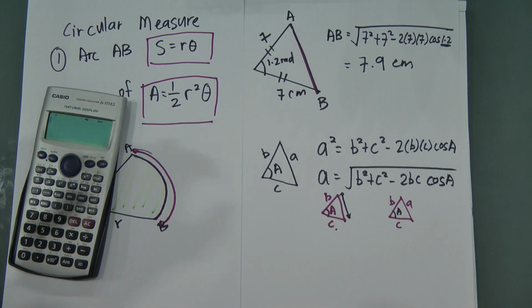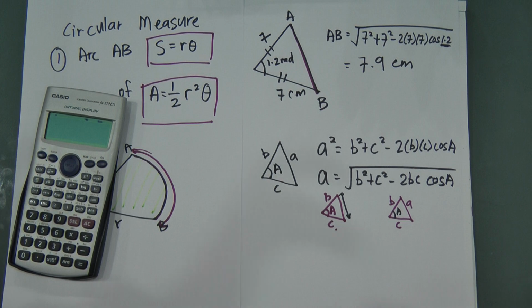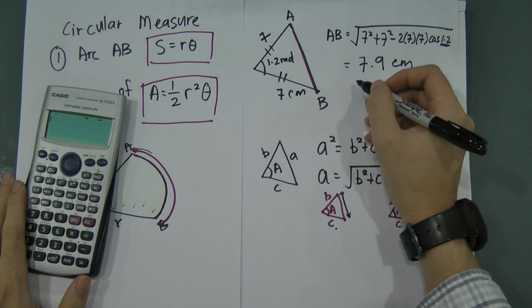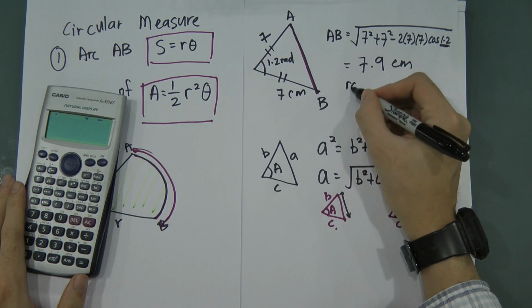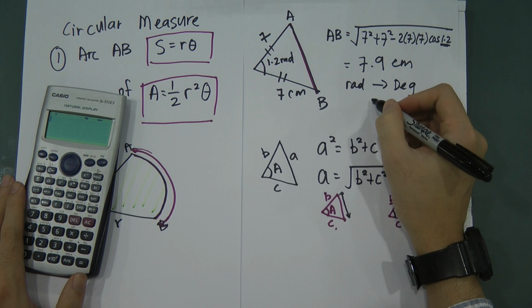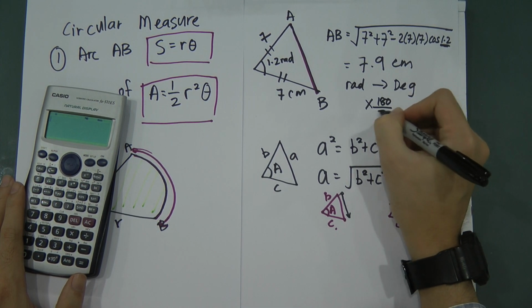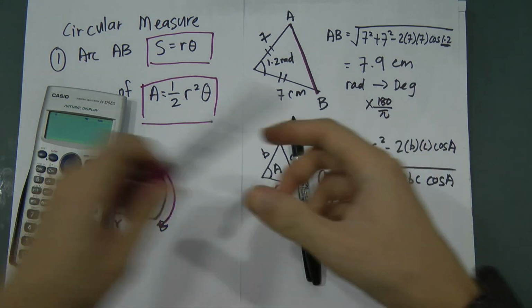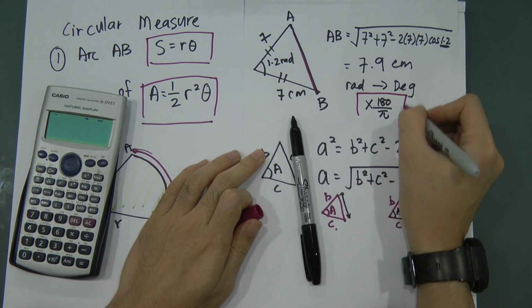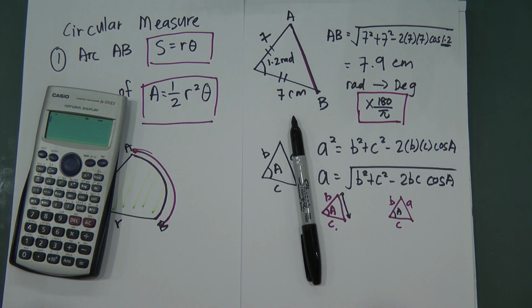So in this chapter, you must be careful whether the angle is in radian or degree. Or sometimes you might want to change it manually, you can do so. From radian to degree, you just need to multiply by 180 divided by pi. This is the way you can change it manually, meaning you just press the calculator by yourself.